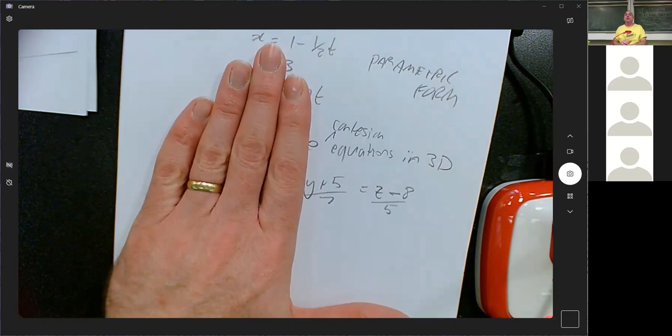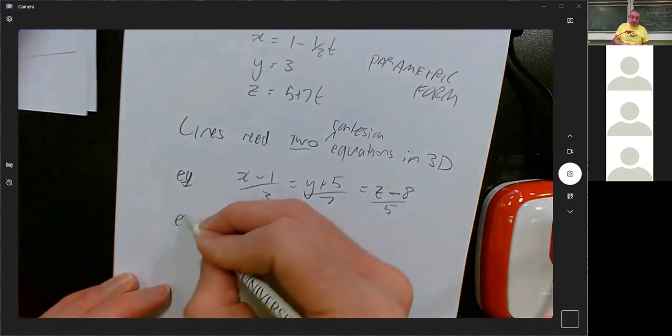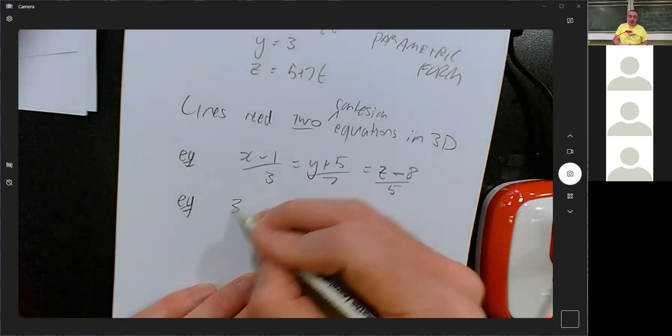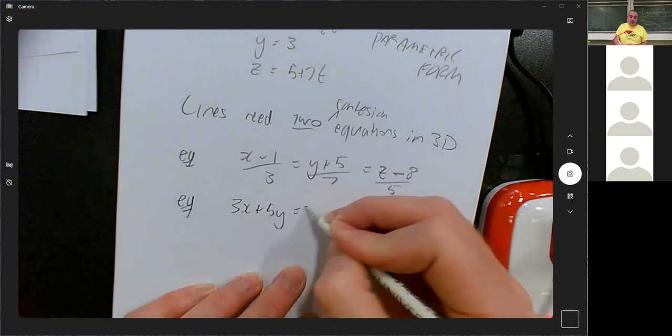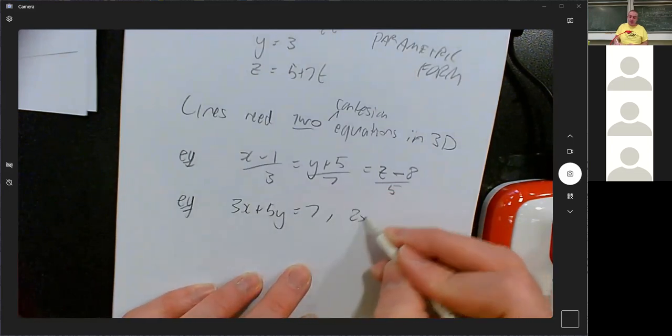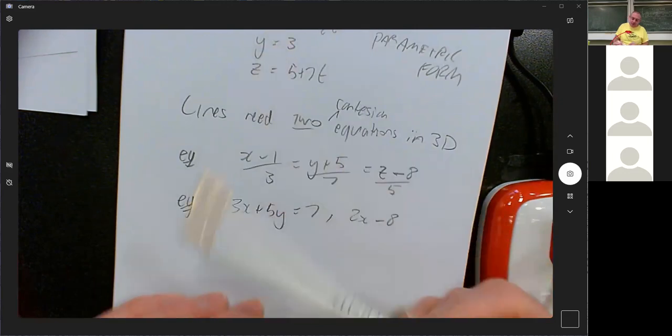Two equations. But you could also define a line as just straight up like 3x plus 5y equals 7 and 2x minus 8. Damn it, there's a z somewhere.